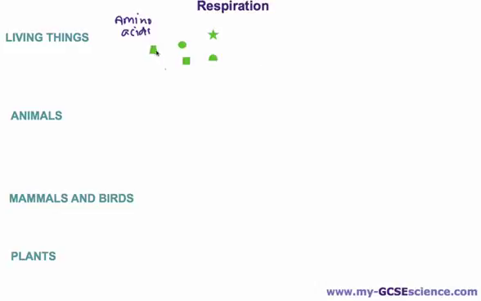So within the body, the energy from respiration is used to take these different amino acids, join them together in long chains to make protein. So there they are, being joined up by chemical reactions, and those chemical reactions require energy. So we go from amino acids into protein.